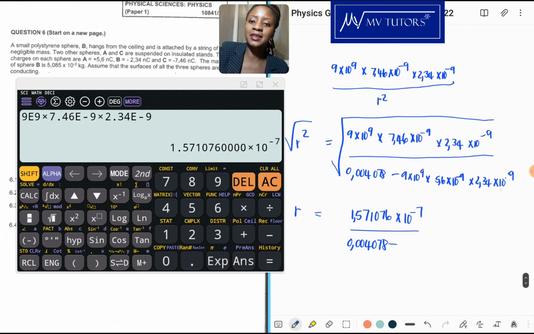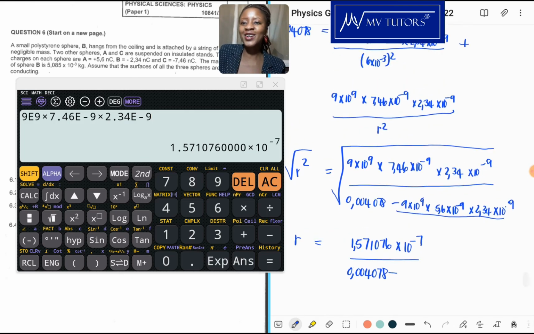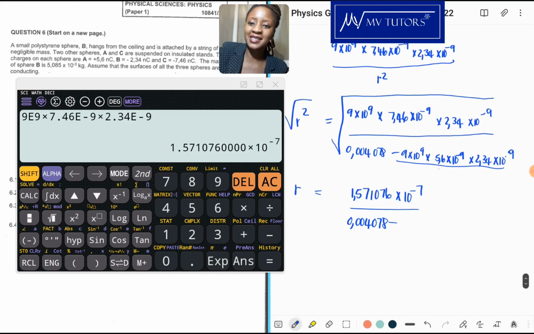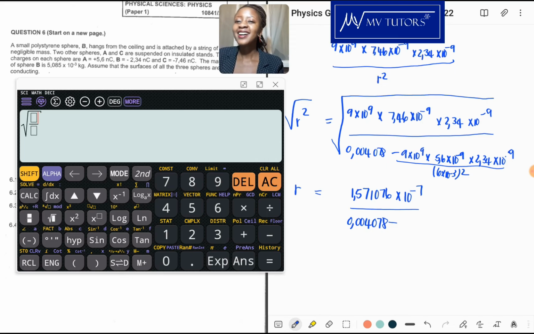Oh, I forgot, guys. I forgot to divide by the 6 times 10 to the negative 3. Okay, I'm going back to what I did previously. It's not there. I refuse.